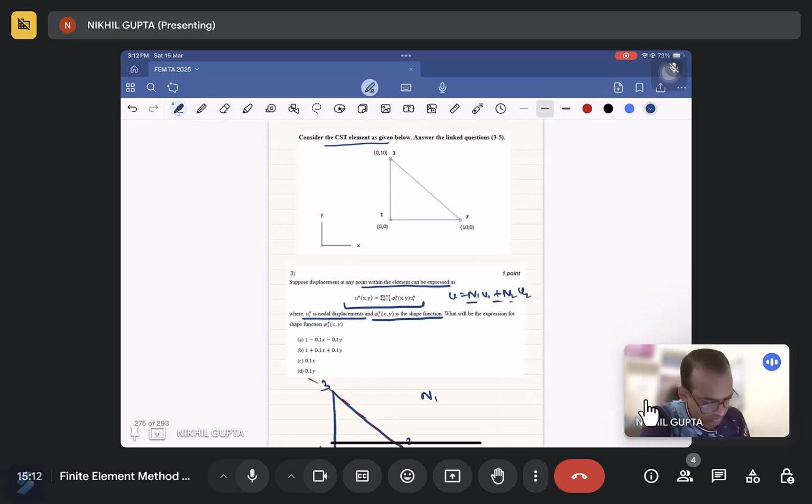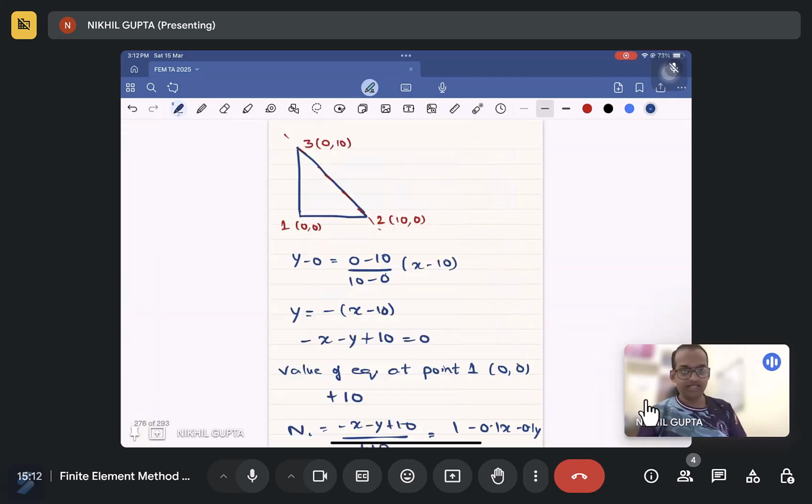So if we check the solution, A is the answer. Is it clear?